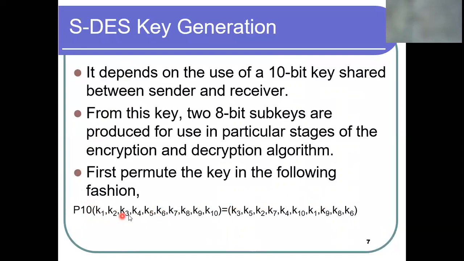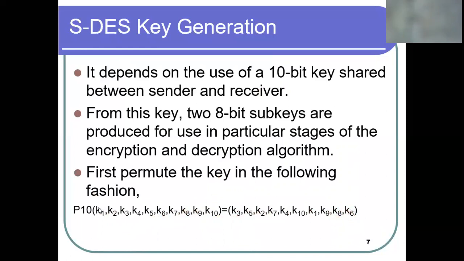That is, the third bit of this key of 10 bits length is placed in first position, and the fifth bit of this 10-bit key is placed in second position, then the second is placed in third, and the seventh is placed in fourth. In that way, the 6th bit is placed in the 10th position.